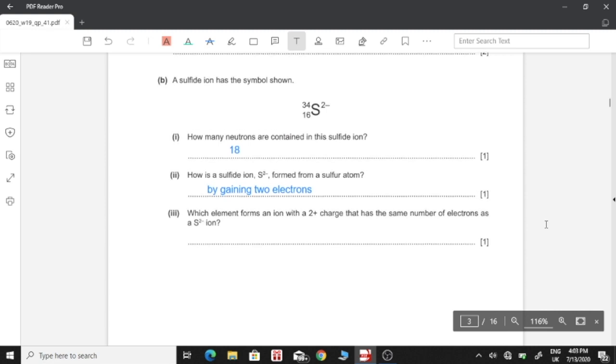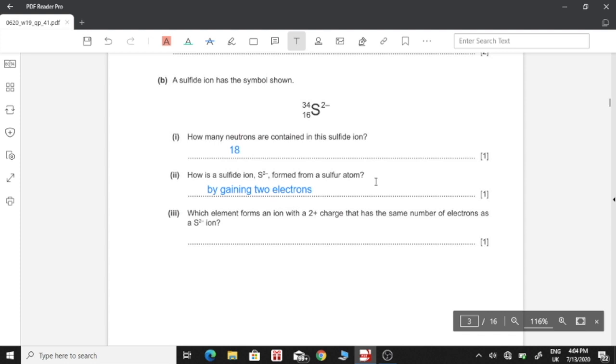Part 3. Which element forms an ion with a 2 plus charge that has the same number of electrons as the sulfide ion? So the sulfur element has an atomic number of 16, but since we have a charge over here of negative 2, that means it has a total of 18 electrons.